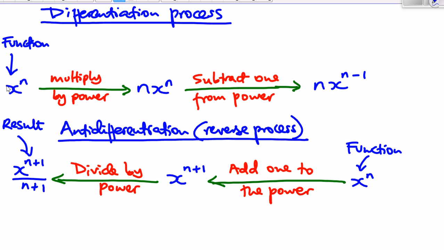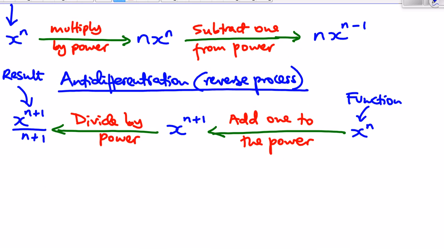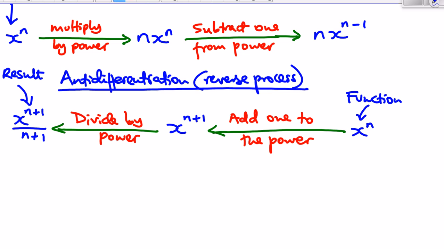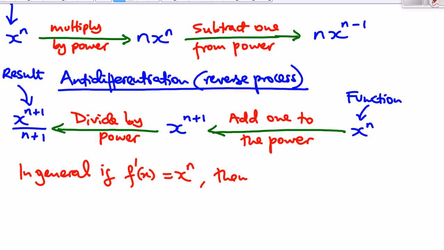So what we are basically trying to say here is, when you are integrating a polynomial, in general, if f dash x is equal to x to the power n, then f of x, which is the antiderivative of that, will be x to the power n plus 1 over n plus 1.